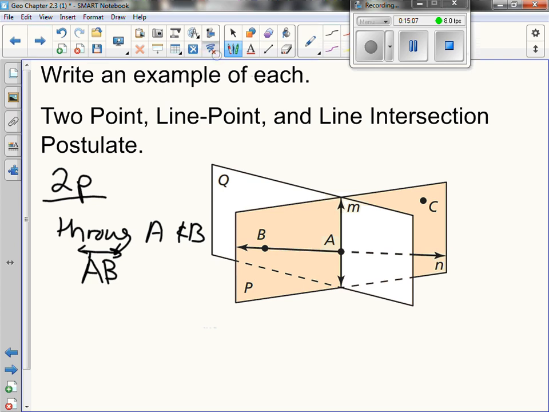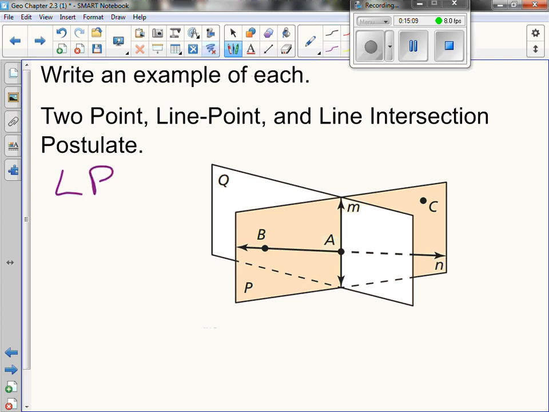Okay, I'm going to erase that so I have space. Line point. Kind of what we just did, isn't it?